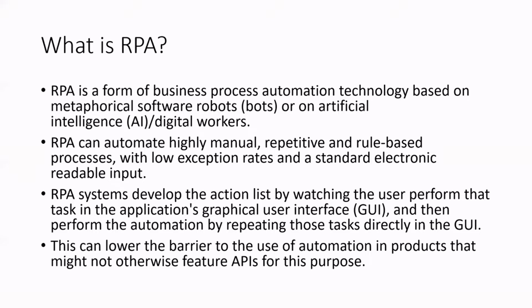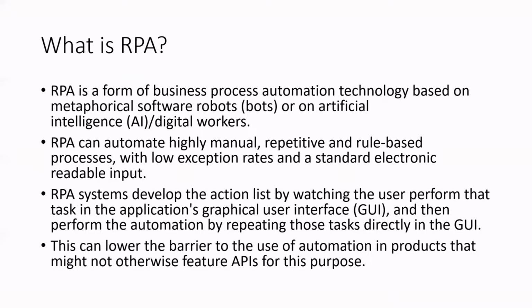So what is RPA? RPA is a form of business process automation technology based on metaphorical software robots, which we also call bots, or an artificial intelligence or digital worker. Basically, whatever process we create and deploy on a machine, sometimes we call it a robot, sometimes bots, or digital workers as well, because they are also doing the job which can be done by an employee.